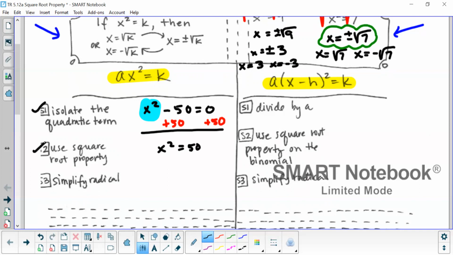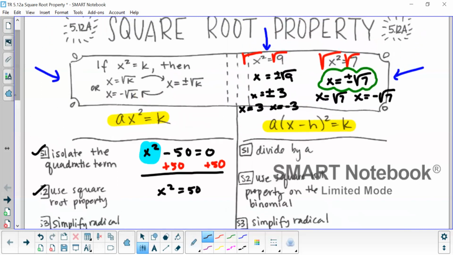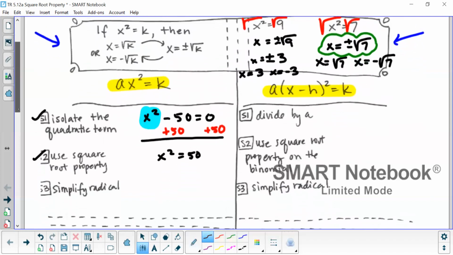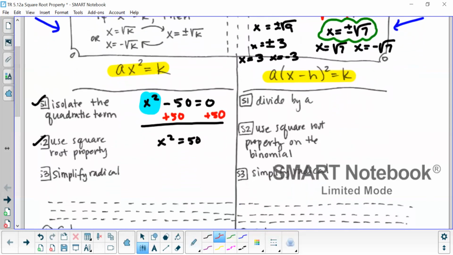Step 2 is to use the square root property on both sides. That's what we were talking about up in this box up here. The square root property says we will square root both sides, and that leaves me just x on the left and positive and negative versions of the square root of 50 on the right.